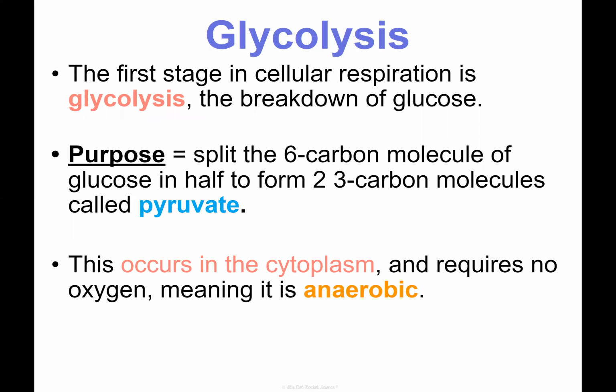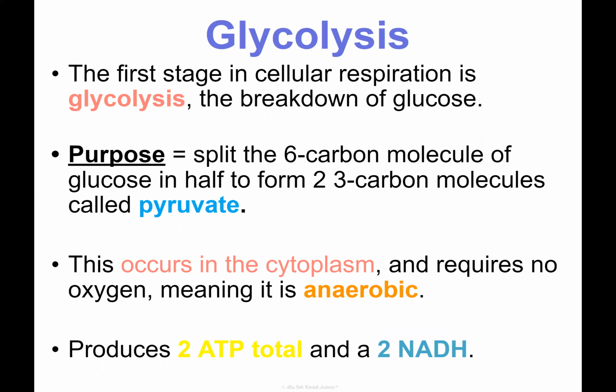So the first stage in cellular respiration is called glycolysis. And during glycolysis, this is where you're going to break down that glucose, which is the first reactant or first ingredient in your equation. And in glycolysis, the purpose is to break down that glucose, and they do that by splitting the 6-carbon molecule.